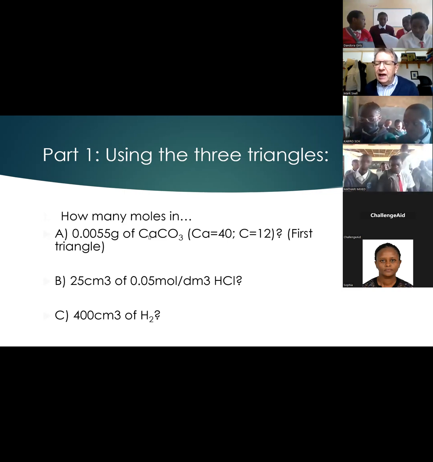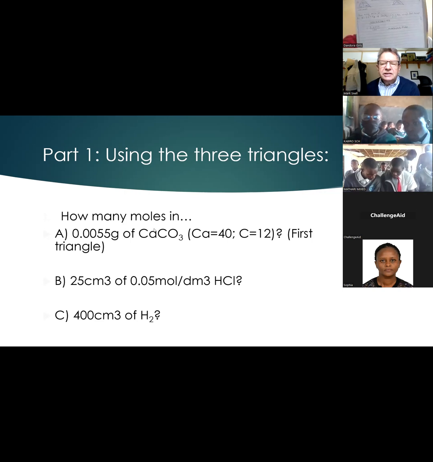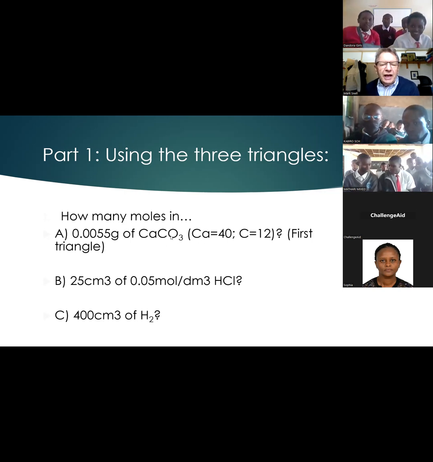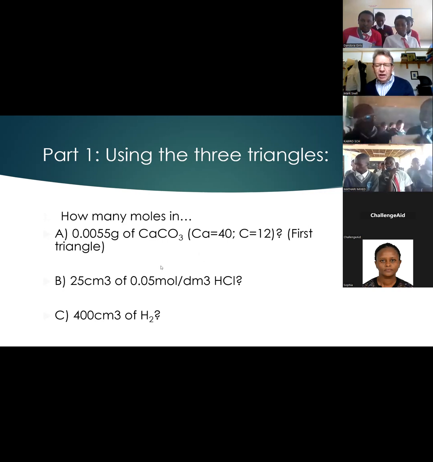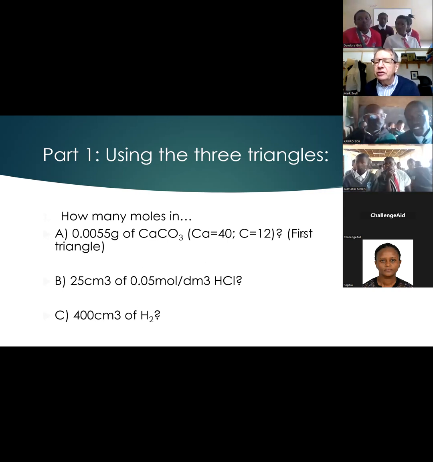So exactly as one of the great scientists in Kabiro said, it's 1 calcium, 1 carbon, and 3 oxygens. So it's 40 and 12 and 3 sixteens, which makes it 100. Okay, so the RMM or the RFM of CaCO3 is 100. So, Dandora girls, do you want to show me again?